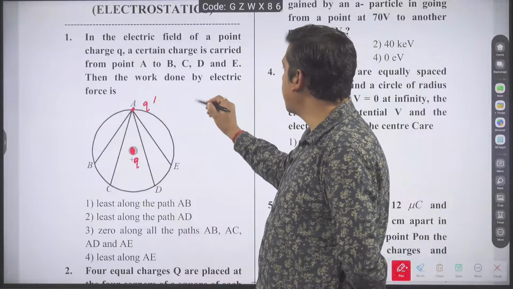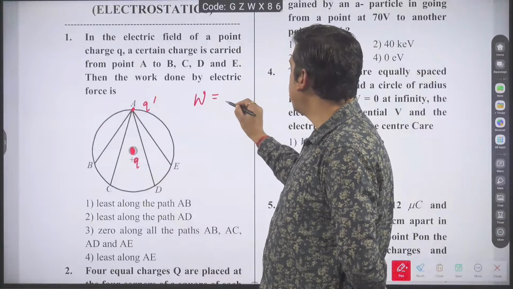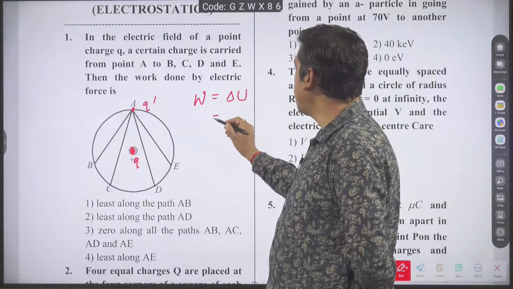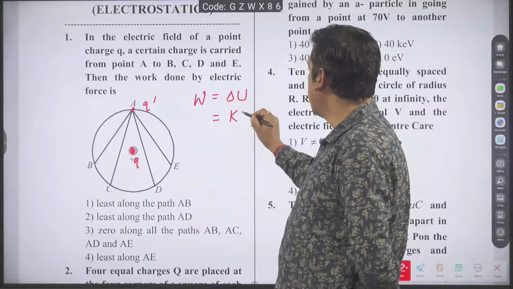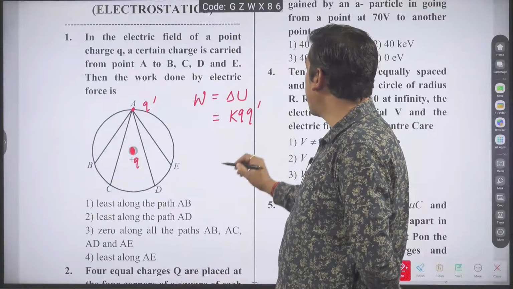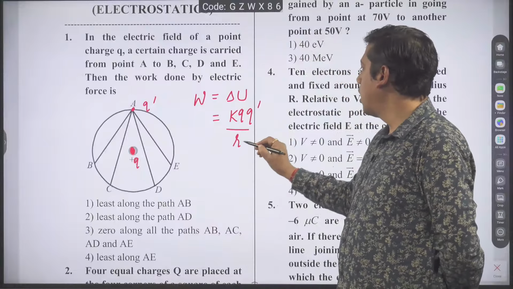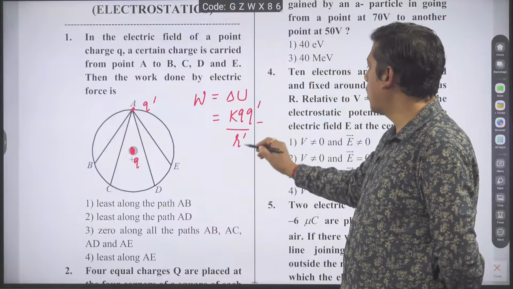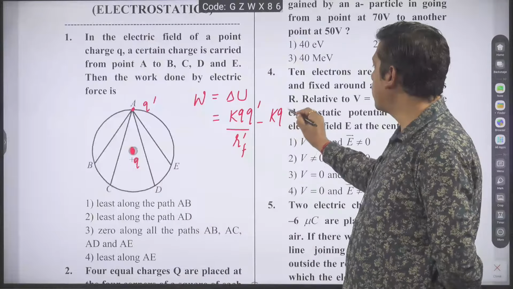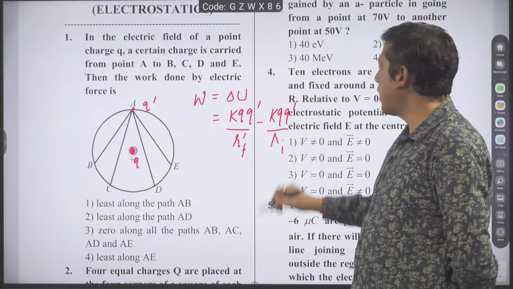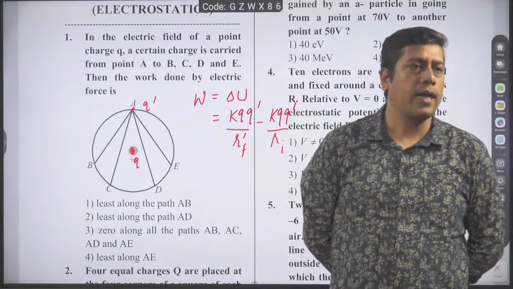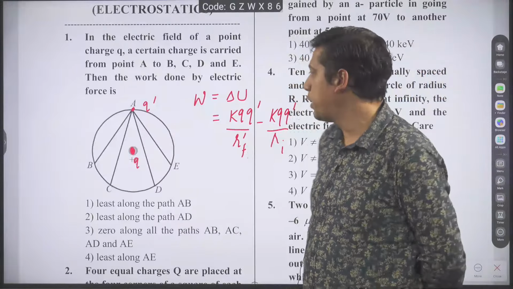So you can write that work done equals the change in potential energy. And change in potential energy, if you recall, will be K Q dash by R final minus K Q dash by R initial, where R final and R initial are the distances between the charges.